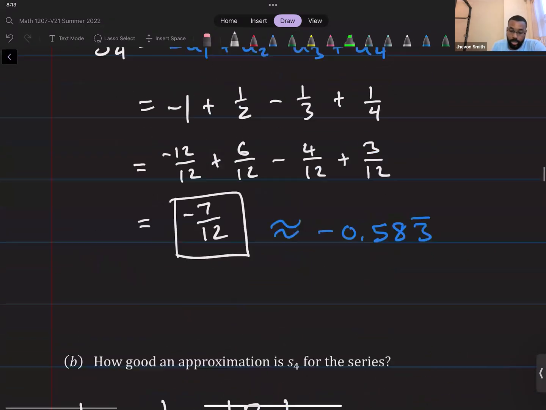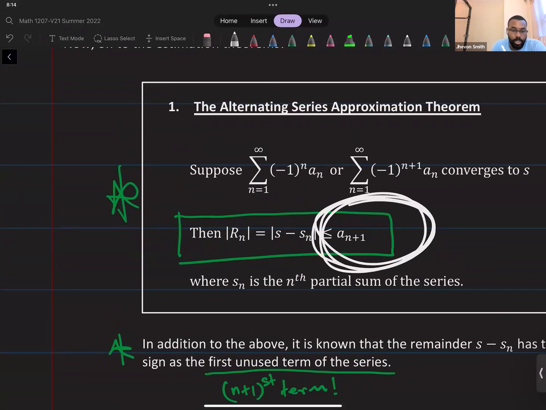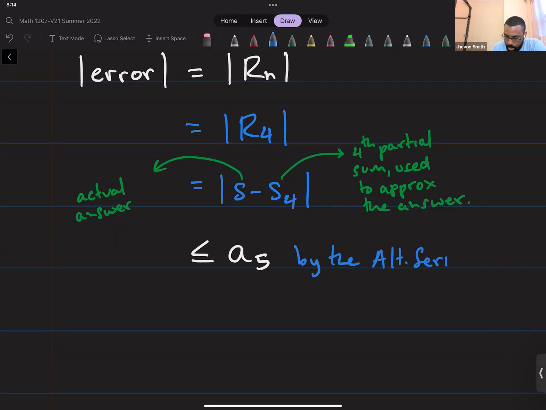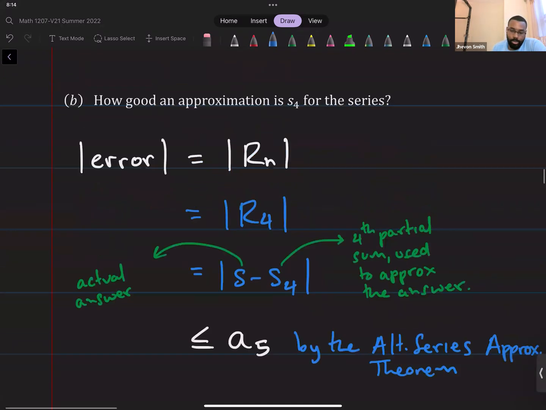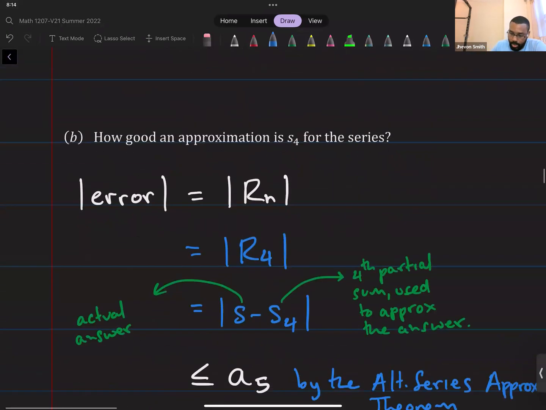Now, according to the alternating series approximation theorem, that expression is less than or equal to the n plus first term. So this is going to be less than or equal to a5. This is true by the alternating series approximation theorem. But what is a5? Well, after 1/4, the next term is obviously going to be minus 1/5.